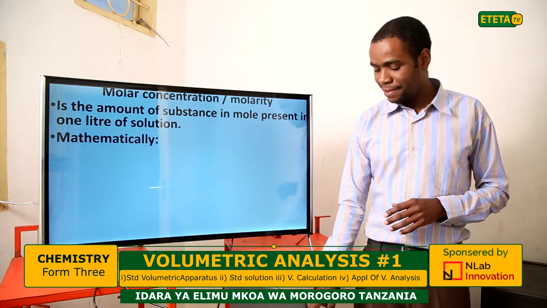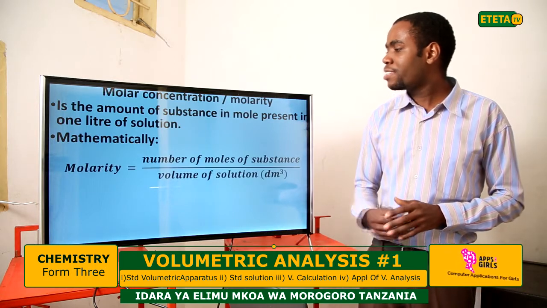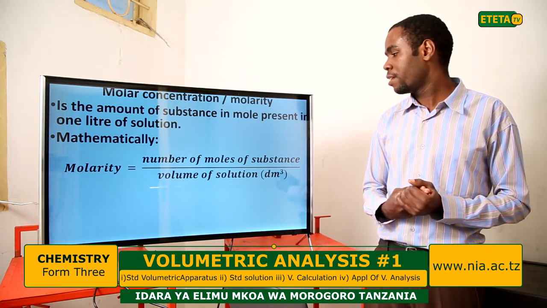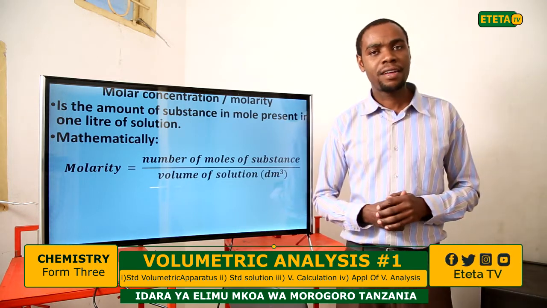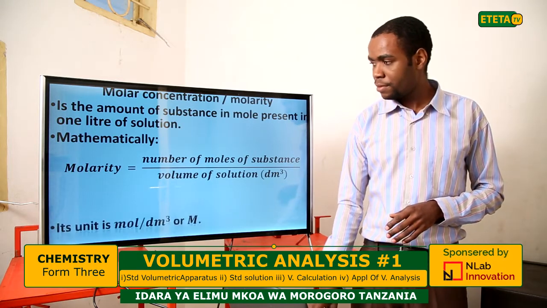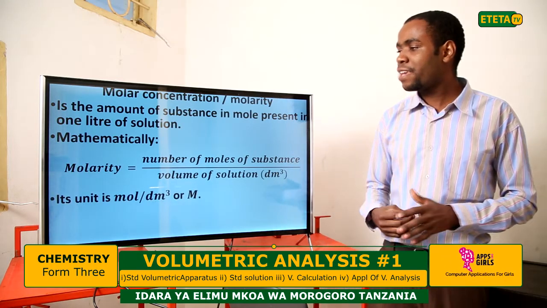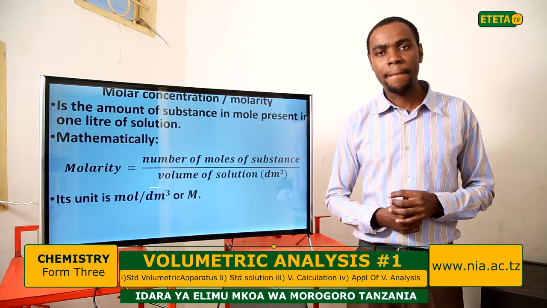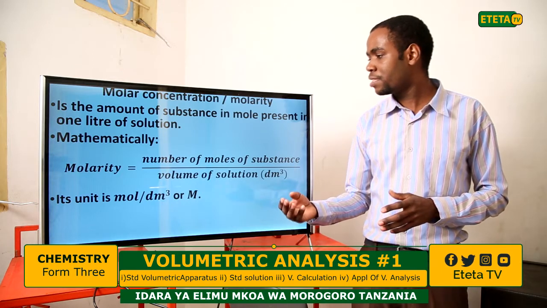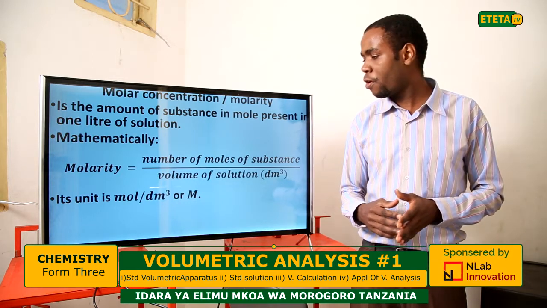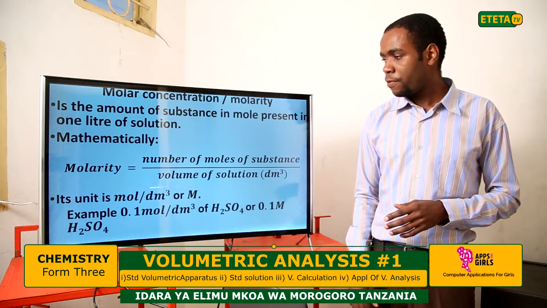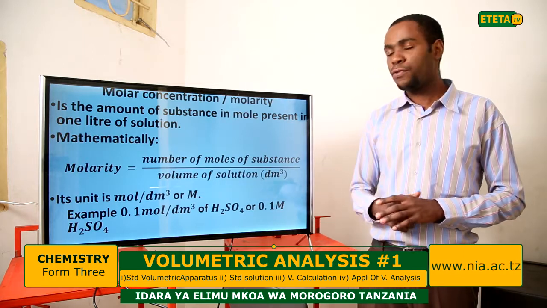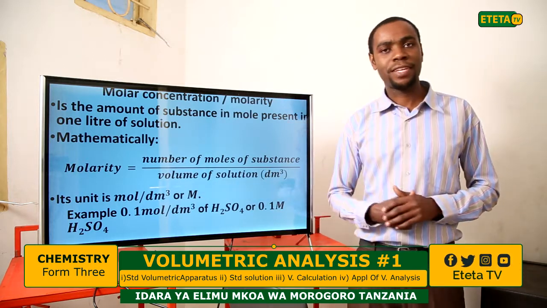Now, mathematically, molarity is equal to the number of moles of substance divided by the volume of solution, and the volume should be in decimeter cube. The SI unit of molarity is mole per decimeter cube, or capital M. For example, when we say 0.1 mole per decimeter cube of sulfuric acid, this is the molarity of sulfuric acid.